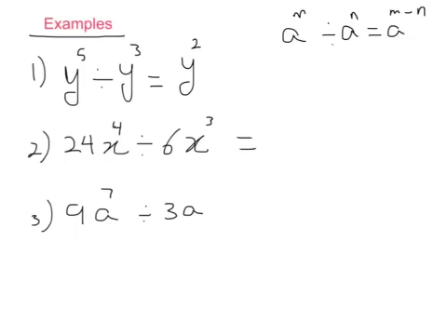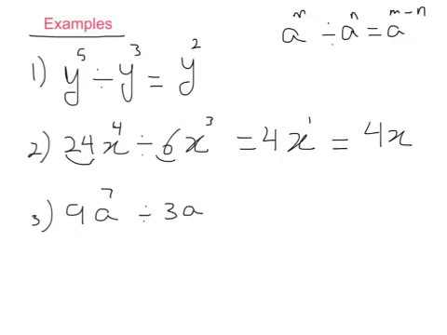Now, the same thing applies as we multiplied numbers. This time we are dividing the numbers. We have 24 divided by 6, which gives us 4. Now with the pronumerals, we just put x, 4 take away 3, which is 1. And we don't need to put the 1, so we can write it as 4x.